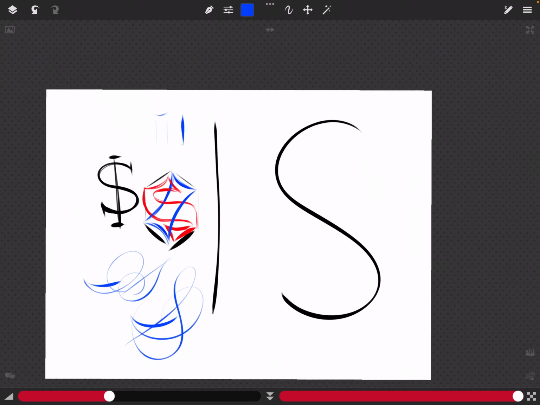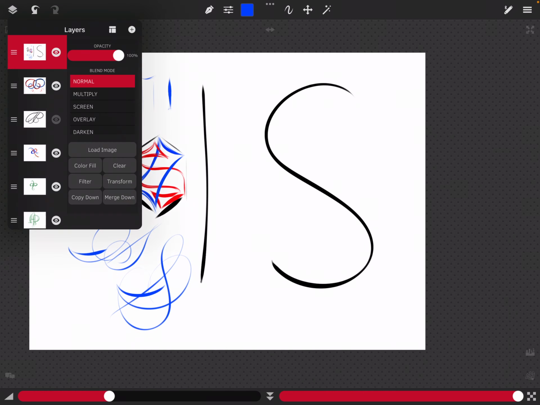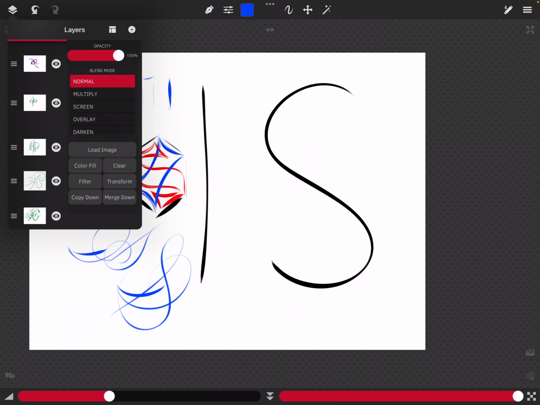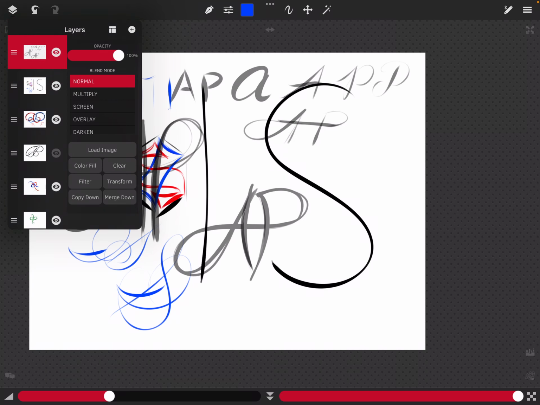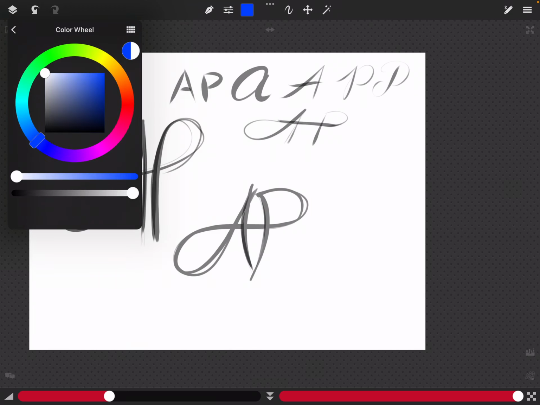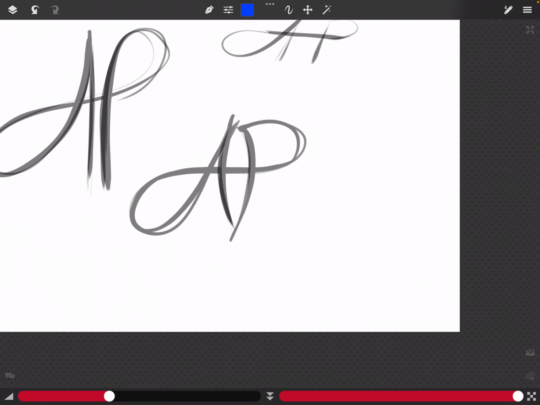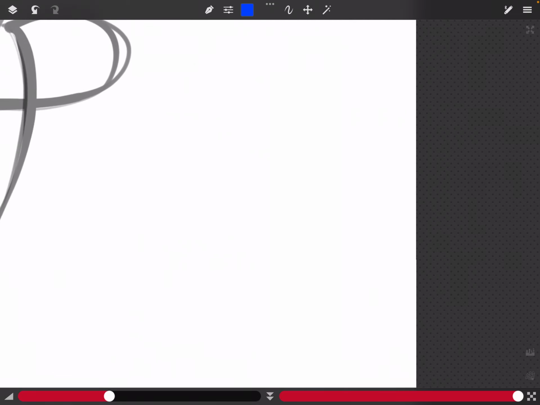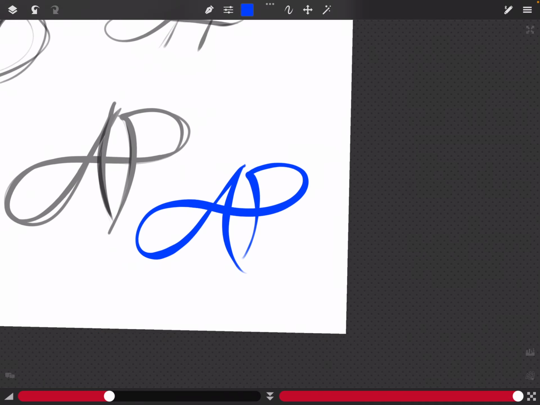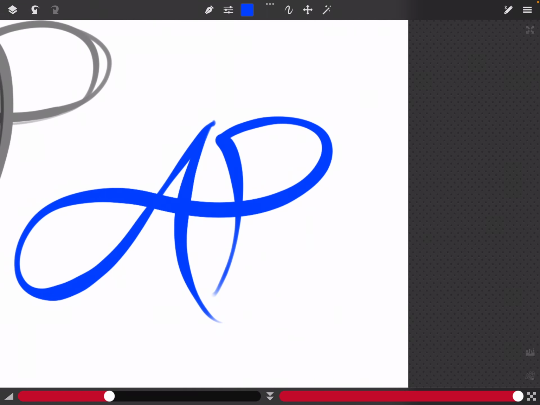But anyway, back to the A and P, there's so many different fun ways to do it. And I kind of like the first one I did. I like the idea also of, can you make a monogram that's made with just one line? So A, P. There's something really elegant about that.